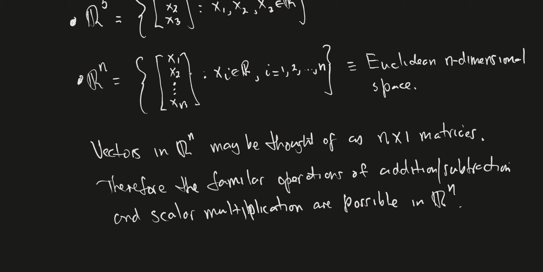So in other words, if we have 2 vectors in R5, how do we add them? We're going to add the corresponding components. But we couldn't add a vector in R5 to a vector in R3.